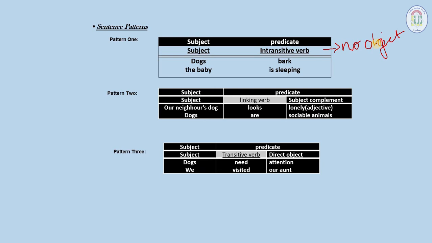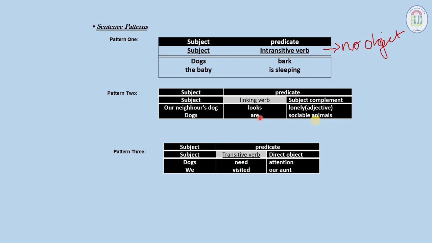Lonely is an adjective. It is an adjective that completes the subject. We call it a subject complement. So we use a highlighter or the laser pointer. Lonely, it's an adjective.